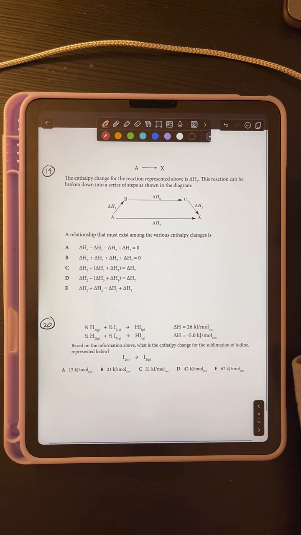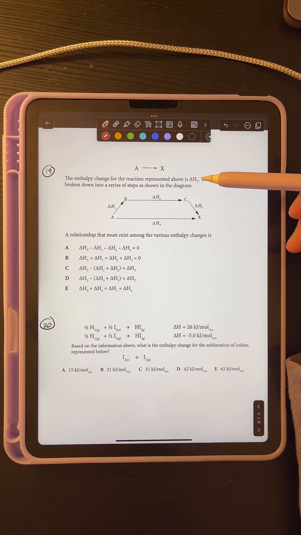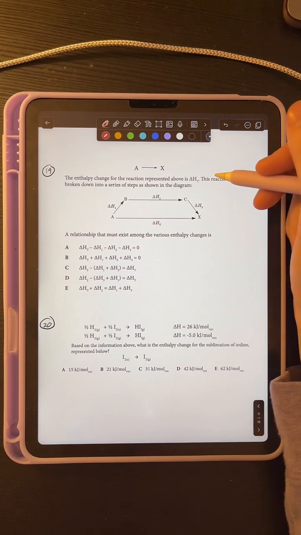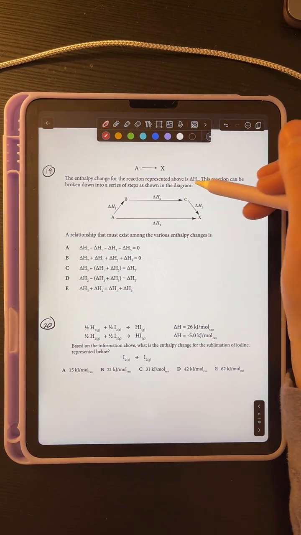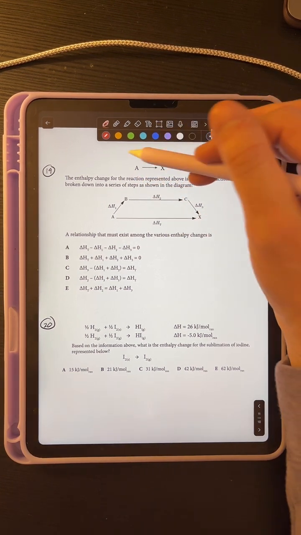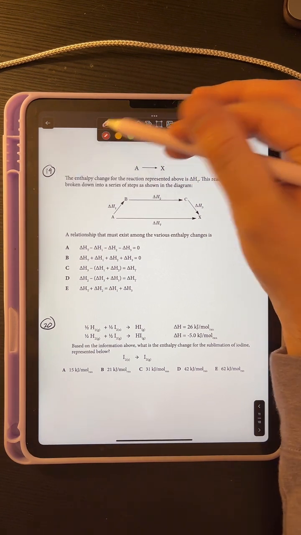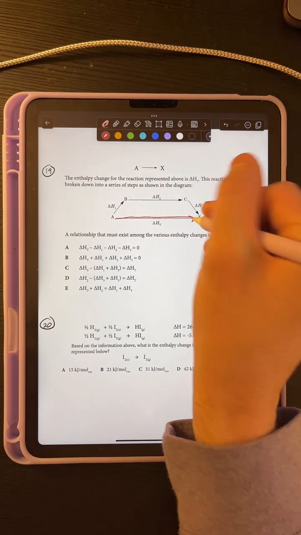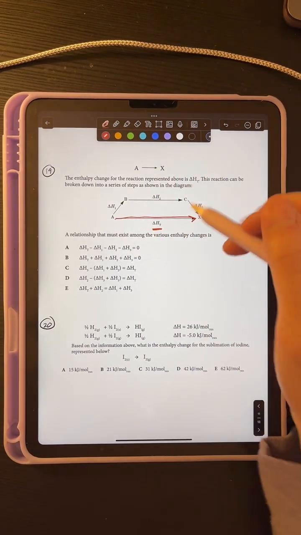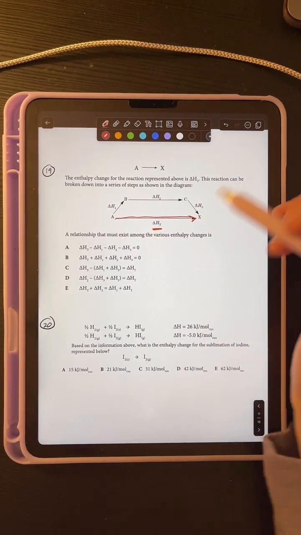19. The enthalpy change for the reaction represented above is delta HT. My apologies, that's a T. This reaction can be broken down into a series of steps as shown in the diagram. So it is Hess's law again. We have overall A going to X. That is our delta HT, our overall reaction.